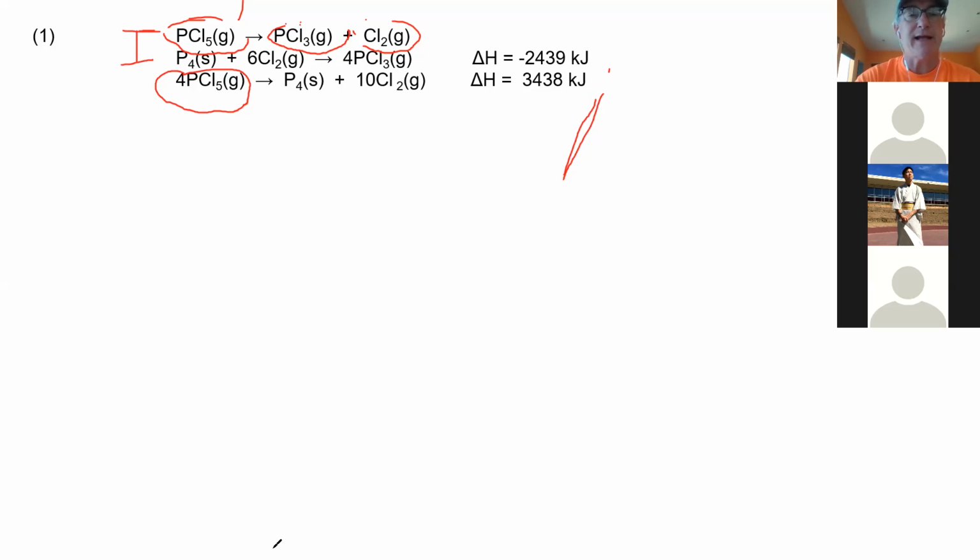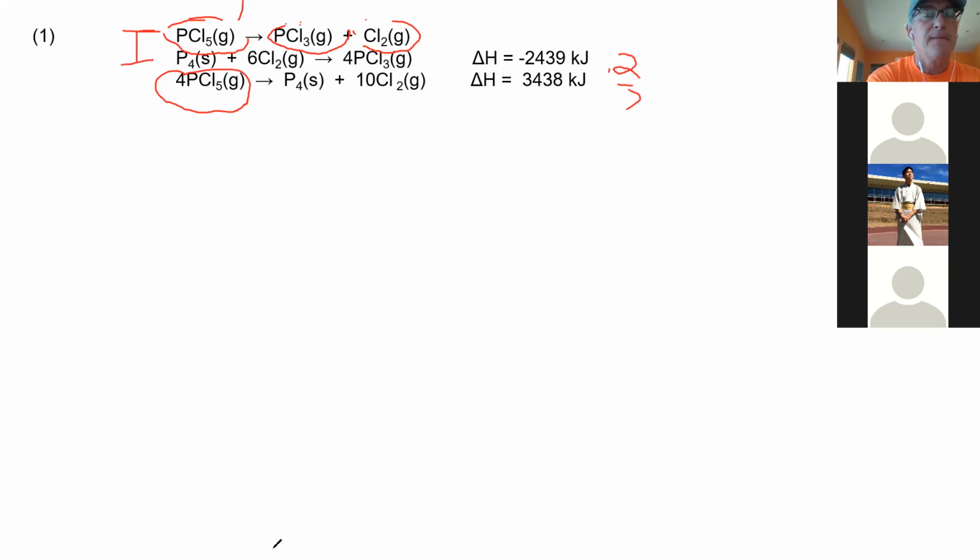So we need to manipulate the second one. This is number 2, and this is number 3. We need to manipulate those two. Oh, I divided both number 2 and number 3 by 4. Divide them both by 4. Yeah. Okay. Let's try that.